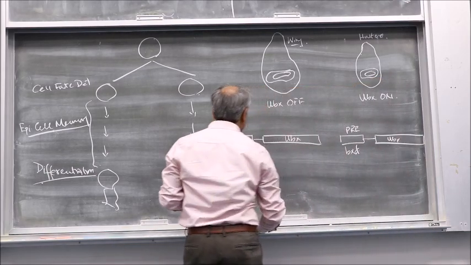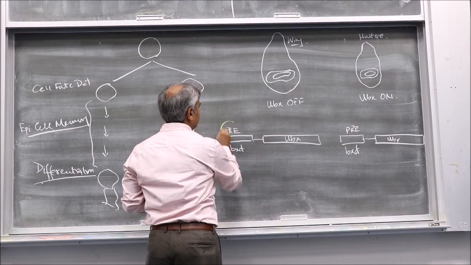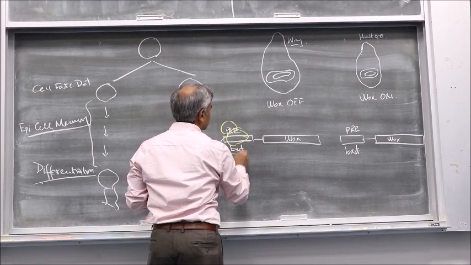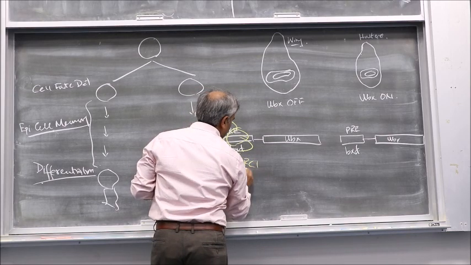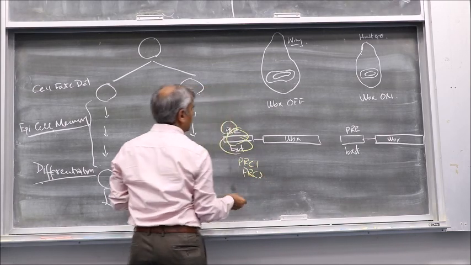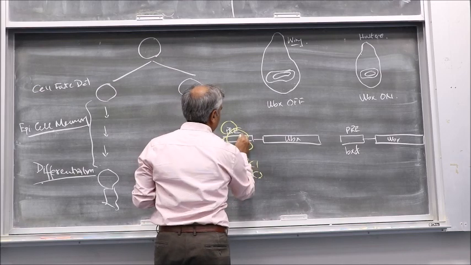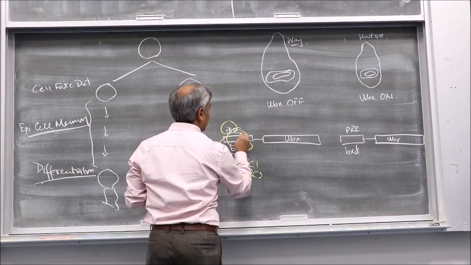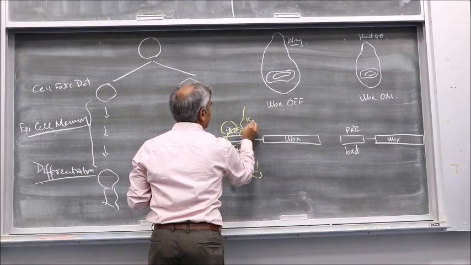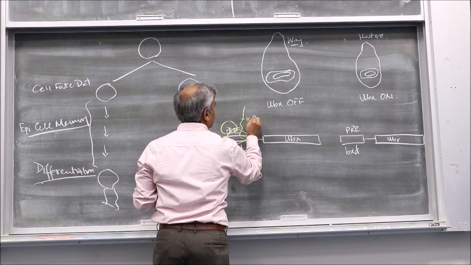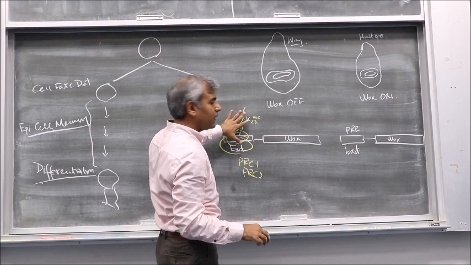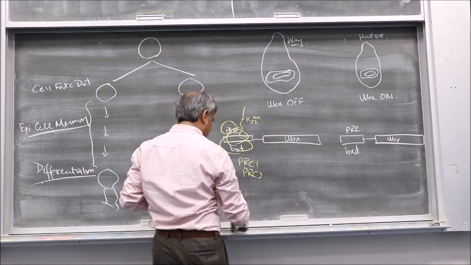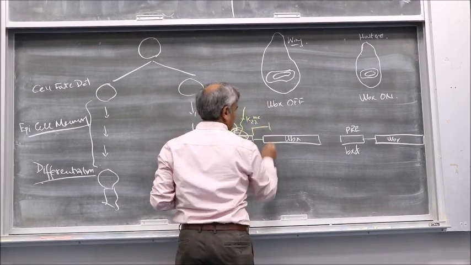Now here you will have PRC1, PRC2 action, where lysine 27 on the N-terminal tail is trimethylated, and a chromodomain containing protein is bound, and UBX is in the off state.